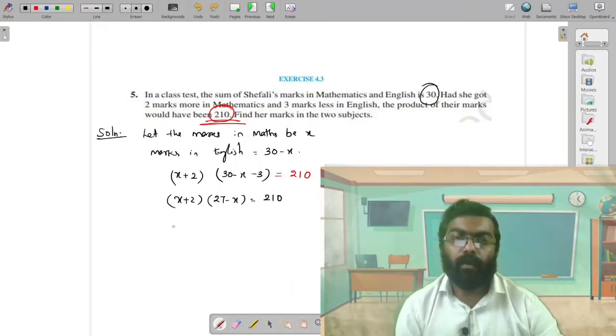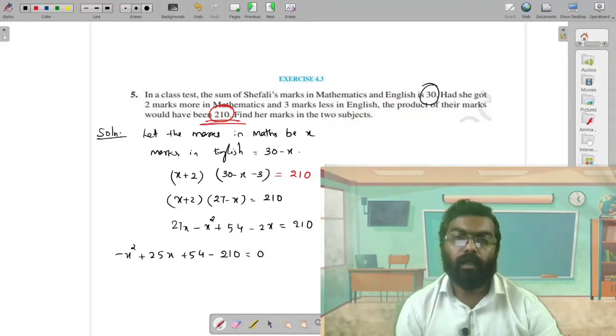Now we can multiply and remove the bracket, that is 27x minus x square plus 2 into 27, 54, then minus 2x, which is equal to 210. Or we can write minus x square plus 25x, then plus 54 minus 210 is equal to 0.